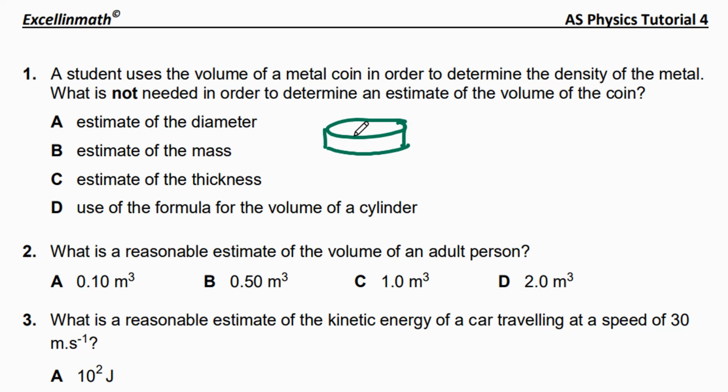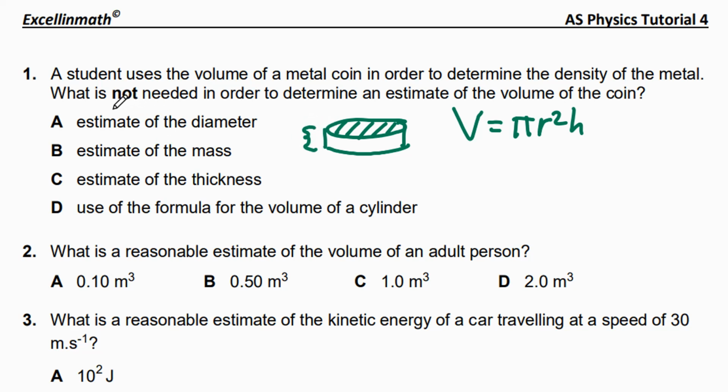To find the volume of this coin, we need the area of the base, which is a circle, and the thickness of the coin. So essentially, we will be using the volume of a cylinder, which is pi r squared h. And h, of course, here is the thickness.